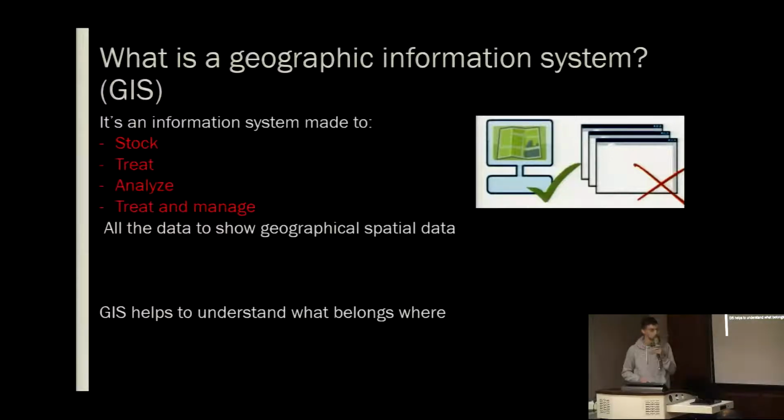So, what is GIS? Usually we use software for this. GIS is used to store, treat, analyze, and manage information. Basically, we use a map with different layers on the map.